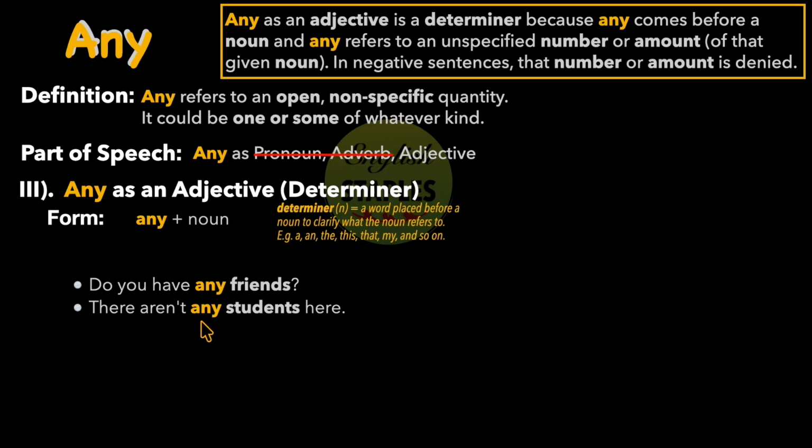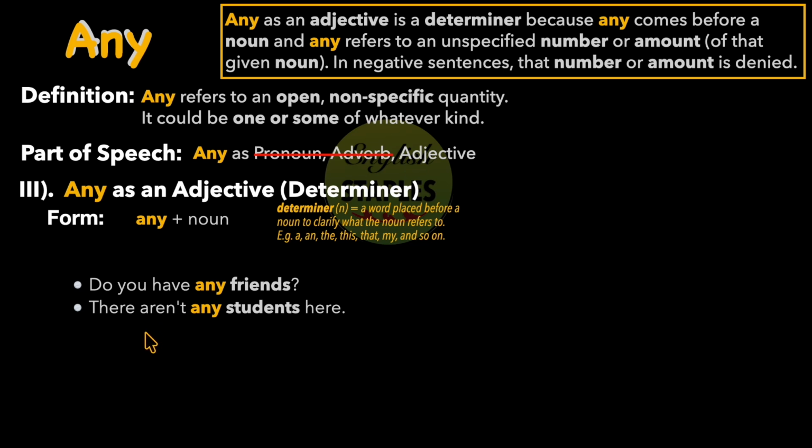Any still has its meaning here. Any is still open and carries the meaning of open, non specific, one or some. It still carries that meaning. However, the negative verb are not contracted as aren't creates the zero meaning. Do you see that?